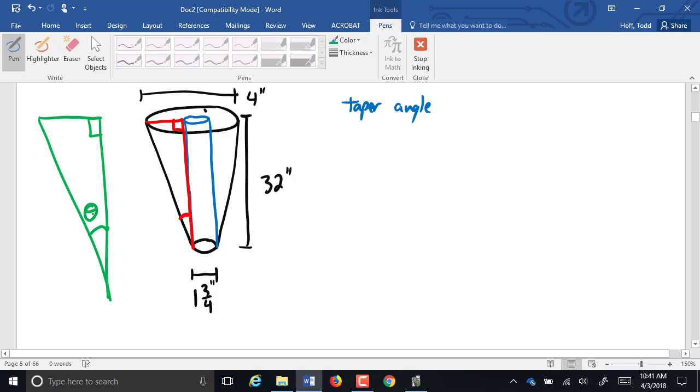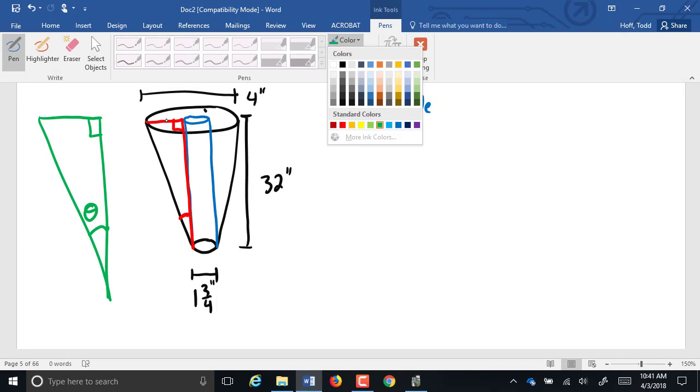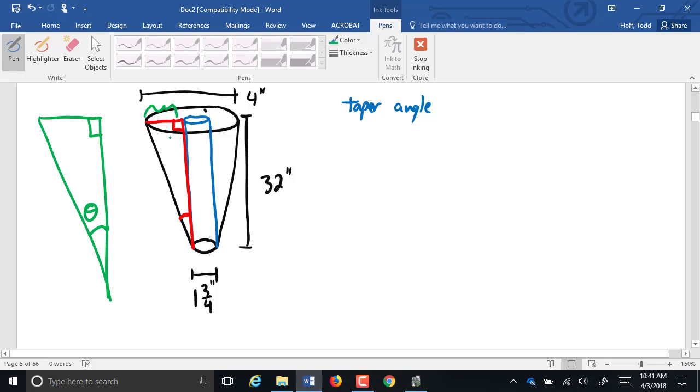There we go. So this length on top up here is the difference between the radii of the circles. The radius of this circle up here, if it's a 4-inch diameter, is a 2-inch radius. If the one down here is 1 3/4 inches diameter, what's its radius?